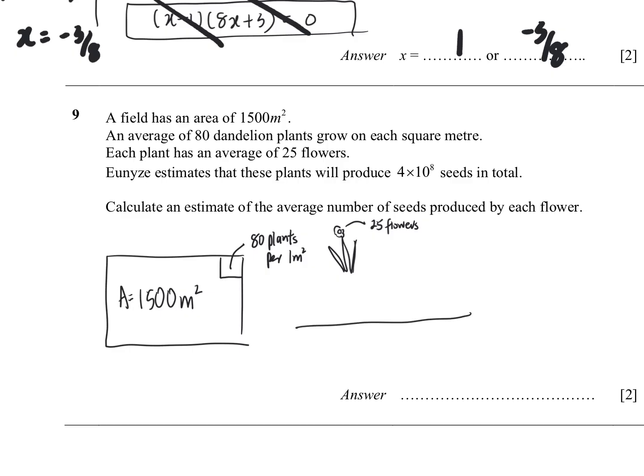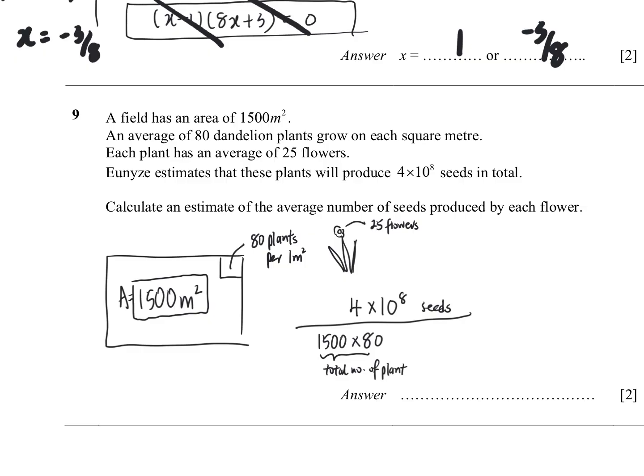So what we will do is total seeds divide by total flowers. So for total flowers, I need to find how many plants first. So every square meter has 80 plants. So 1,500 square meters, you times 80. This tells you the total number of plants.